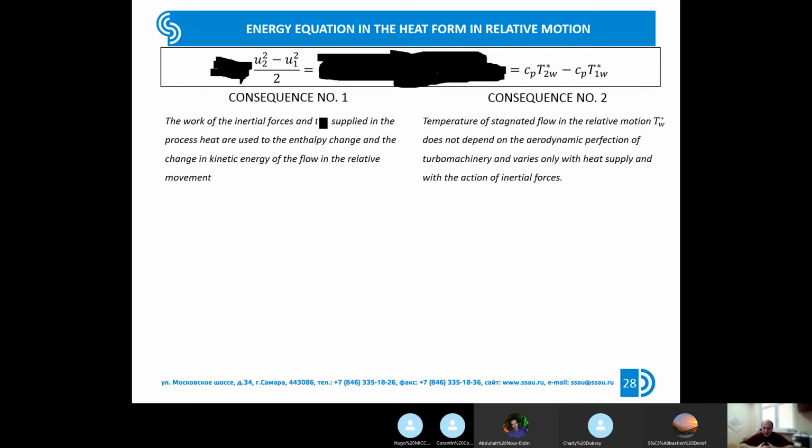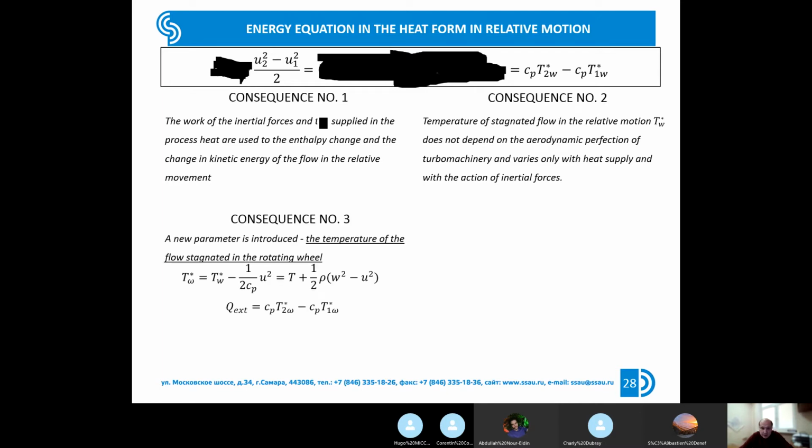So in any case, these relationships are widely used during the stage calculation process for recalculating parameters from the section at the inlet of the rotor wheel to the section at the outlet of the rotor wheel. This equation connects two cross sections during the calculation process of the turbomachinery.